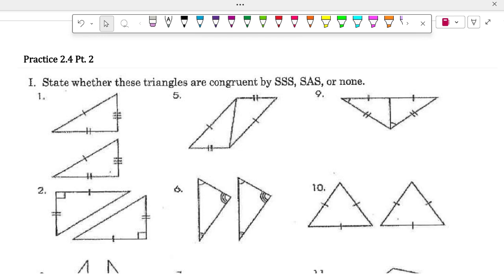Angle, side, angle. Angle, angle, side. And then you just got to remember hypotenuse leg is in the middle. All right. You guys ready? Go to the corner that you think number 1 is.